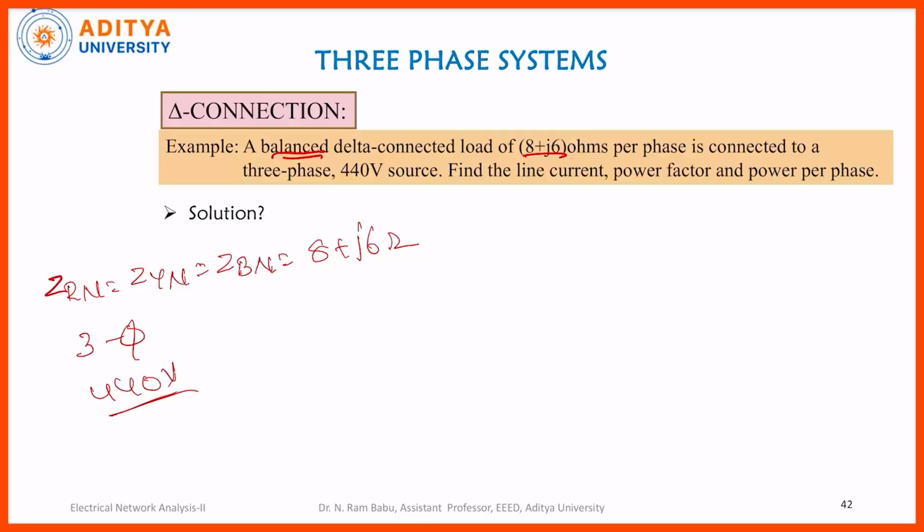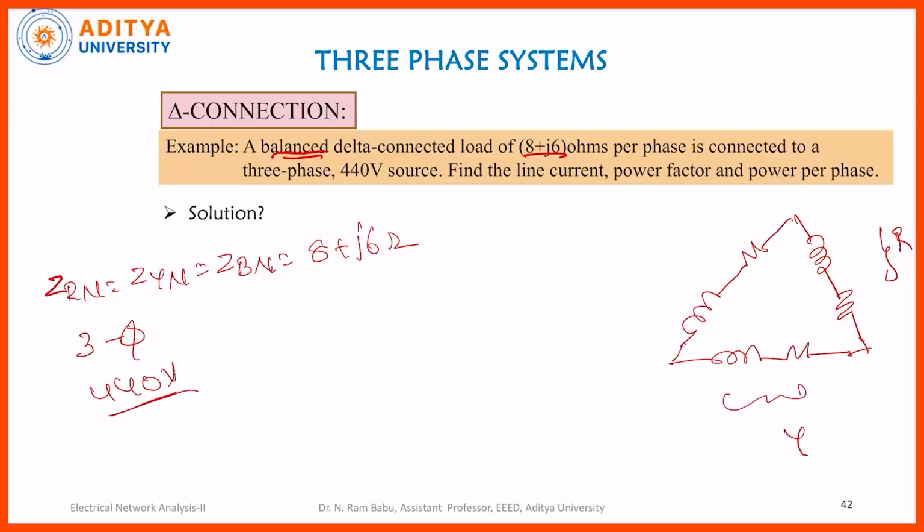Now for this, let us draw the diagram. Let this be R phase and this be Y phase and this be B phase. That means this will be R, that will be Y, and this will be B. We are noting the points like this, and these are j6 8, j6 8 and j6 8 ohms.